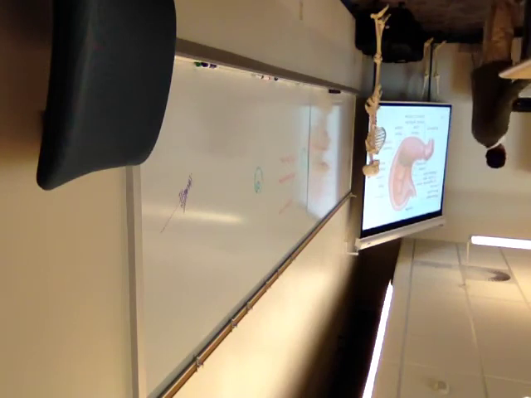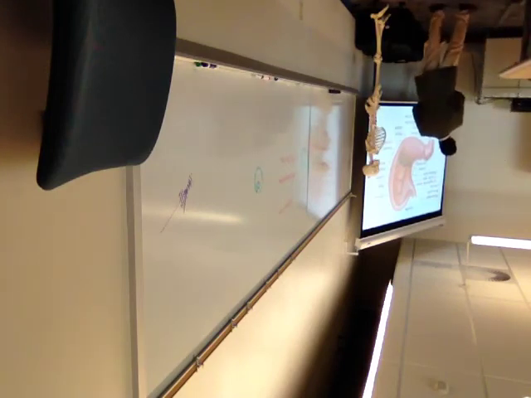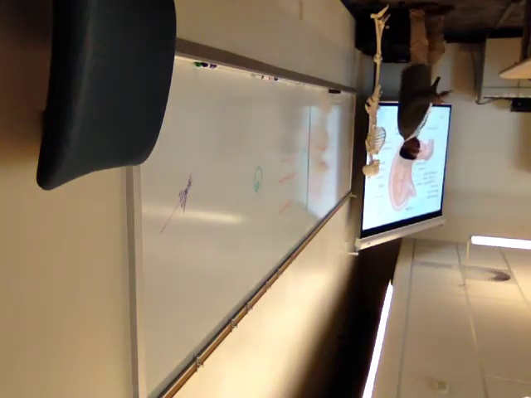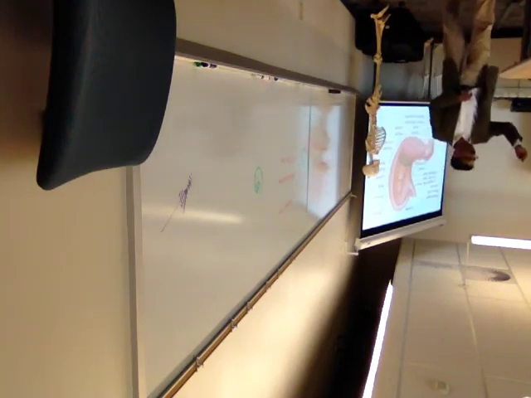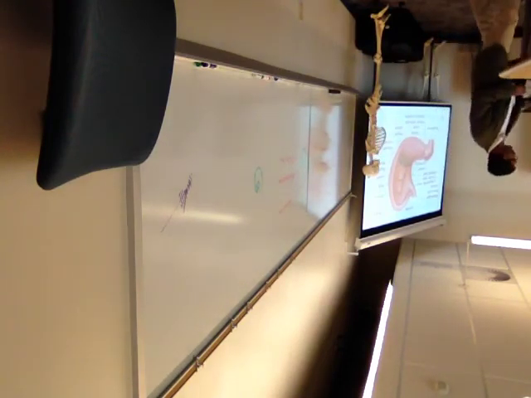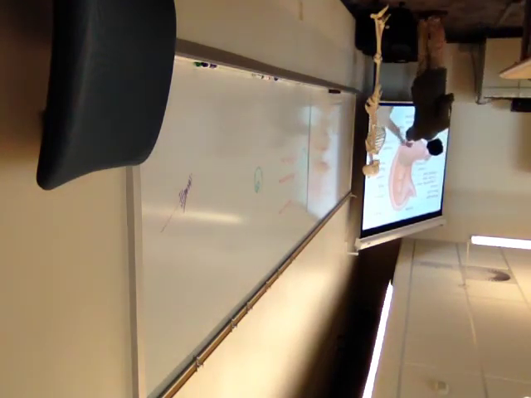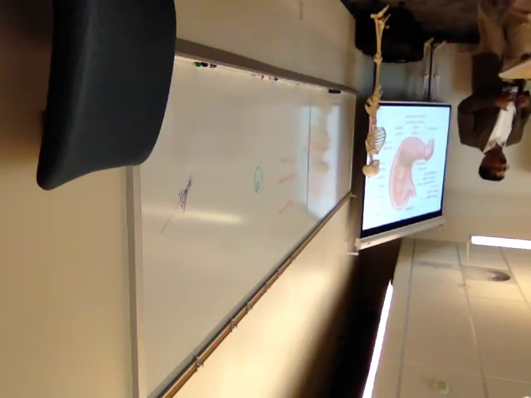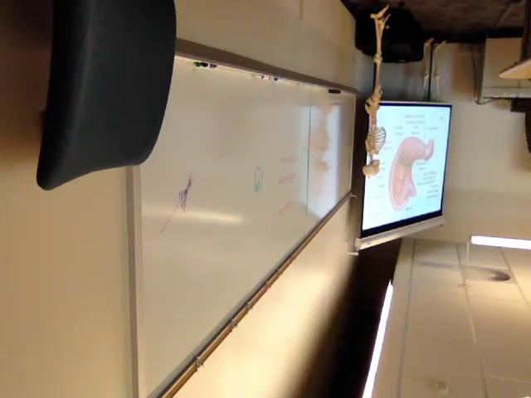Here, rugae of mucosa. So mucosa will form many folds. You see these folds? These are called what? Rugae. Since they are in the stomach, these are called gastric rugae, and formed by which layer? The mucosa.